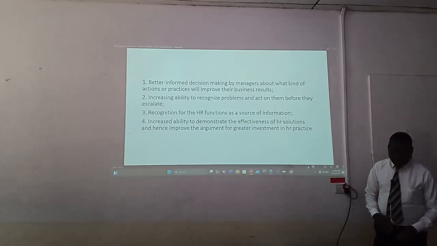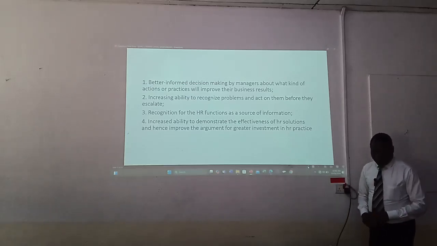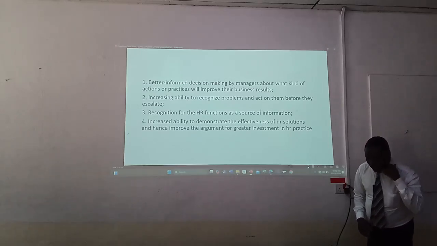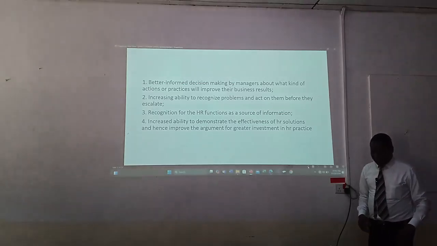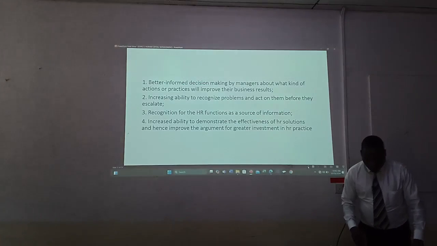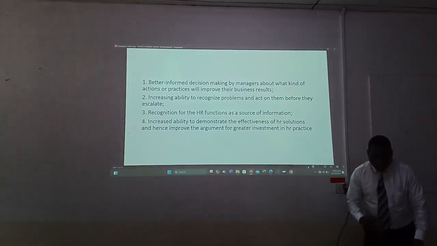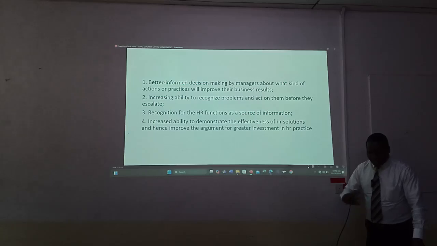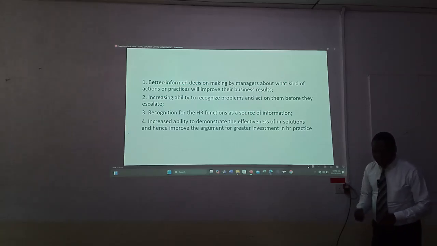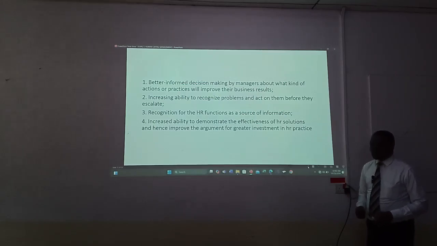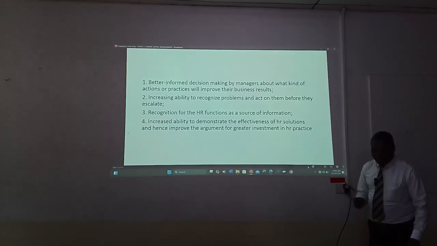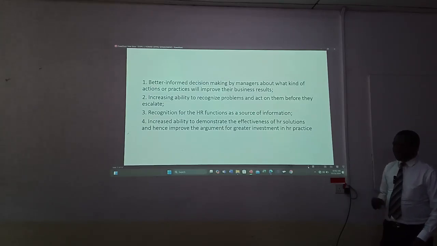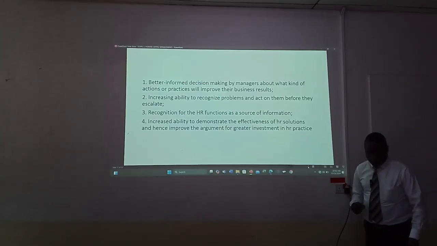Another benefit is increased ability to demonstrate the effectiveness of HR solutions and hence improve the argument for greater investment in the practice. So the moment you have these reports again and again, definitely you have the ability to demonstrate the effectiveness of HR solutions.